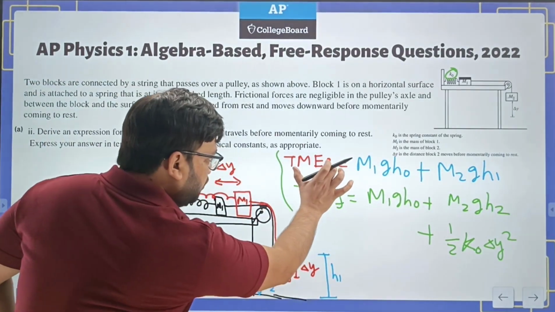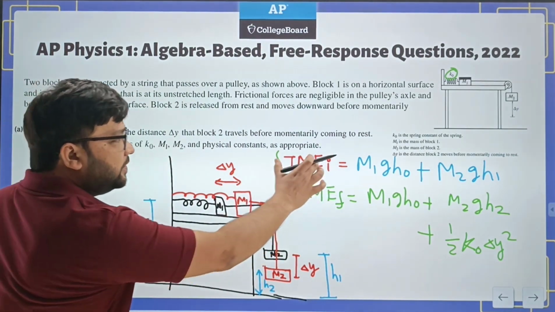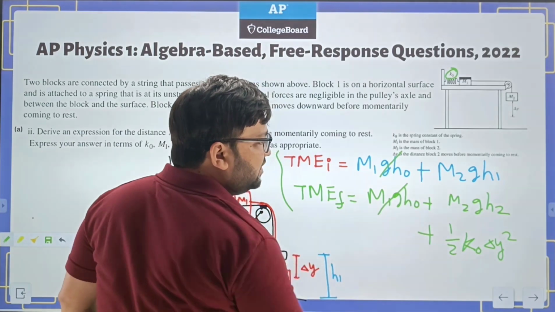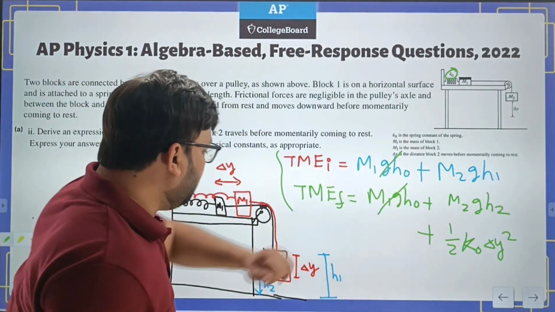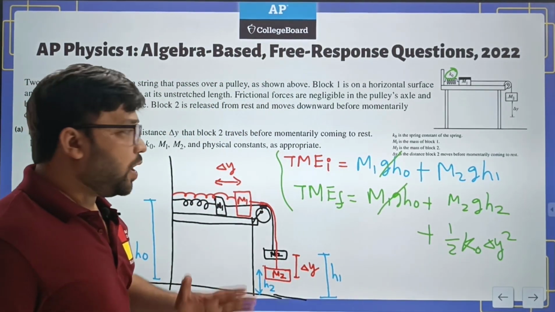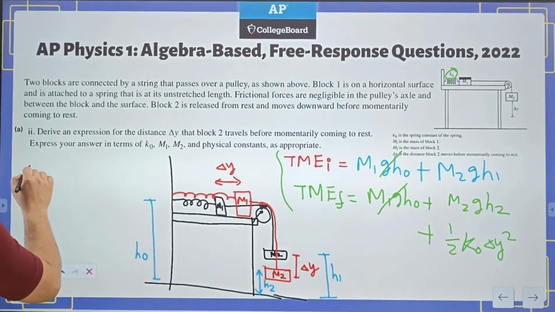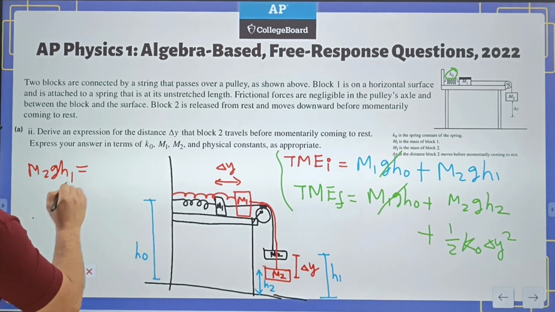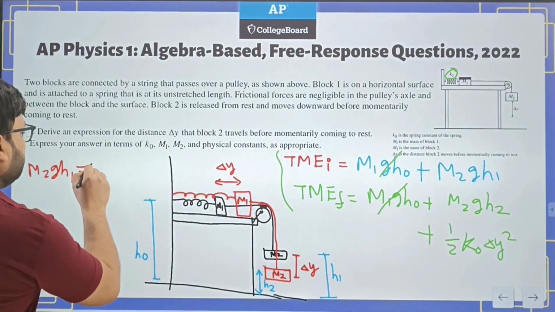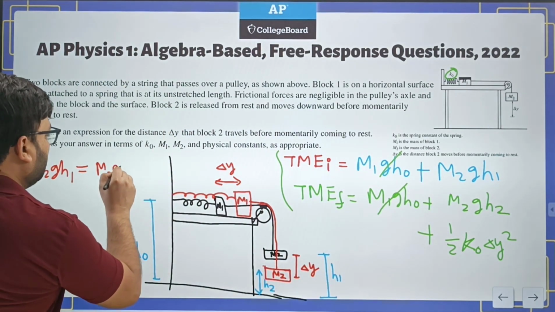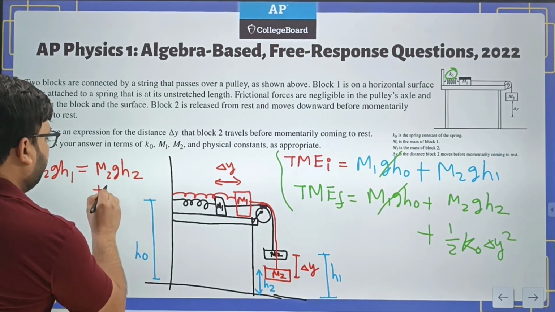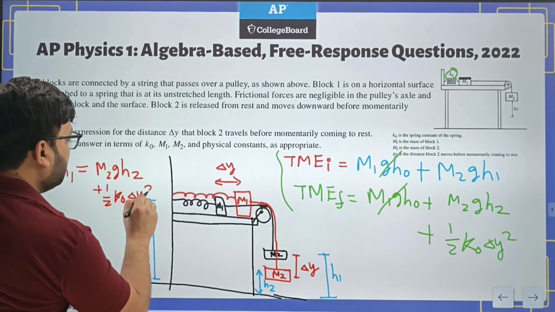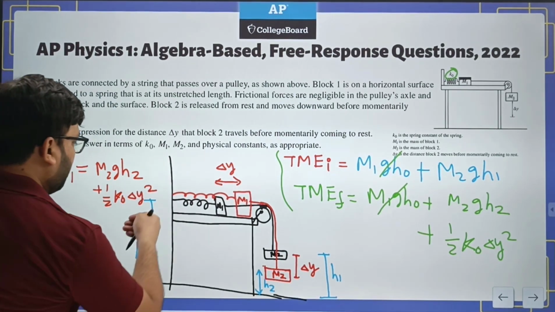So I equate these two, initial mechanical energy equal to final. If I equate, you'll see that these two terms will cancel each other out. The remaining I am equating here, okay? So I'll be getting m2 g h1 is equal to m2 g h2 plus half k naught delta y square, right?